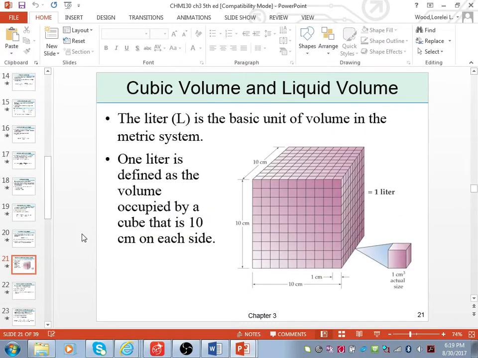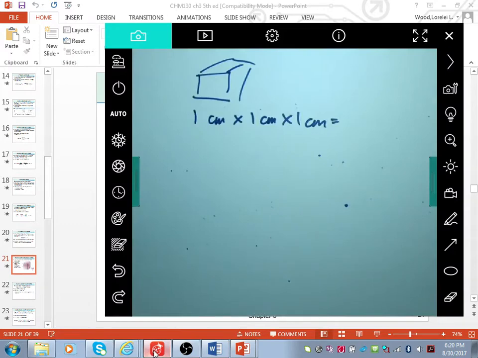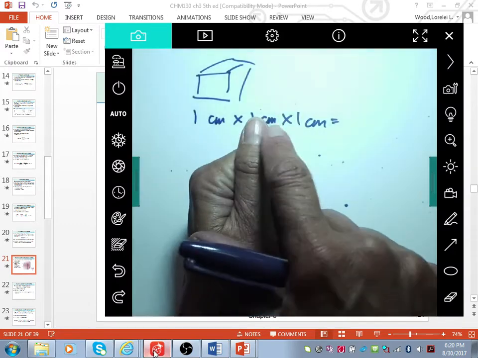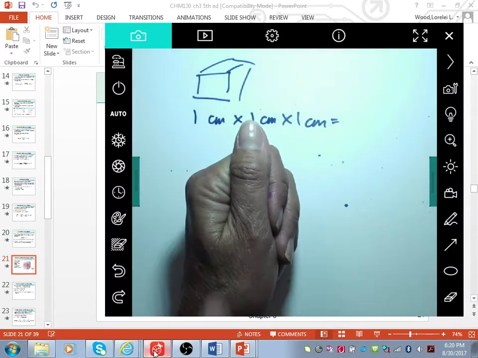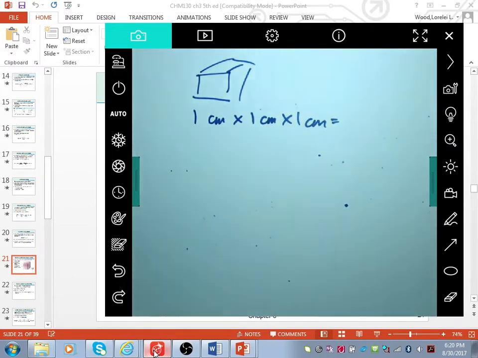That translates nicely, because when we get into the metric system, if you have a little cube that measures 1 centimeter by 1 centimeter by 1 centimeter, a very, very small cube, a centimeter is about the thickness of your thumbnail. So it's a fairly small box.